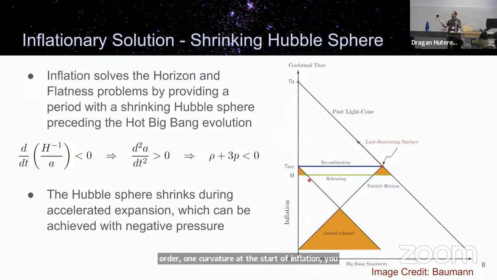Even if it grew from that exponentially suppressed amount, it would still be smaller than we observe today. So the same mechanism solves both the horizon and the flatness problem. It also solves the monopole problem, though I won't go into that at this time.